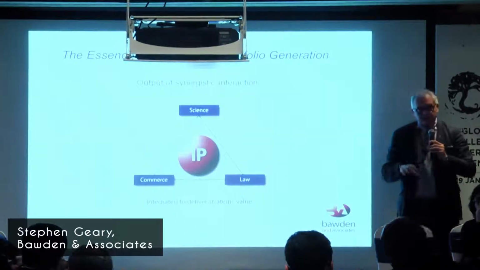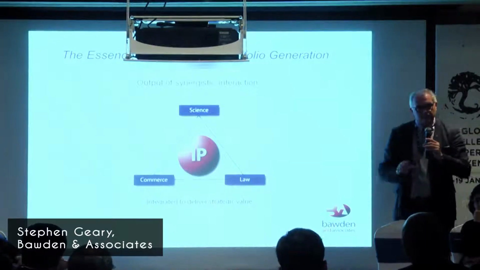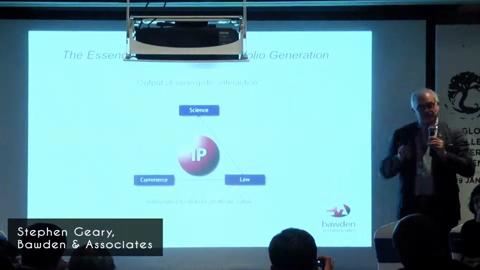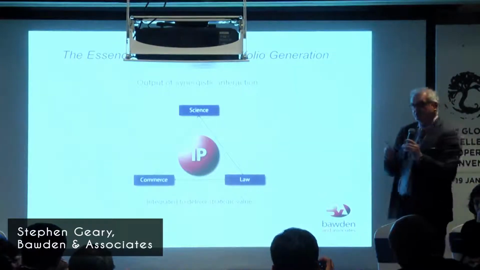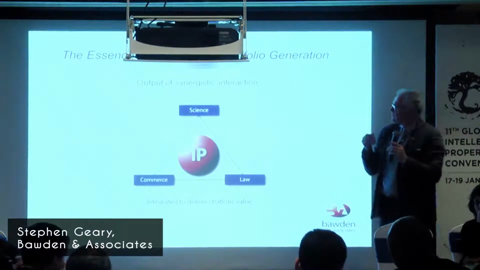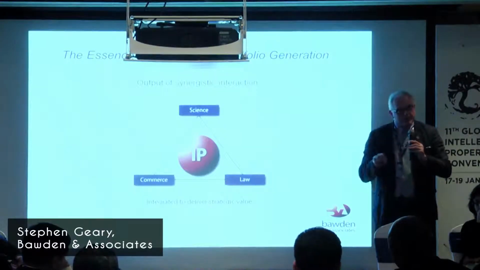So understanding what the scope and scale of the invention is, understanding what the commercial objectives are, these are all factors that you must have in mind when you're starting at the very beginning. And it's something that I refer to as cradle to grave.